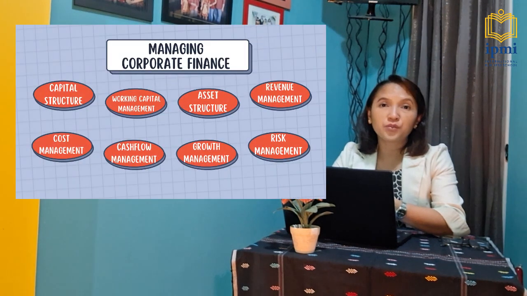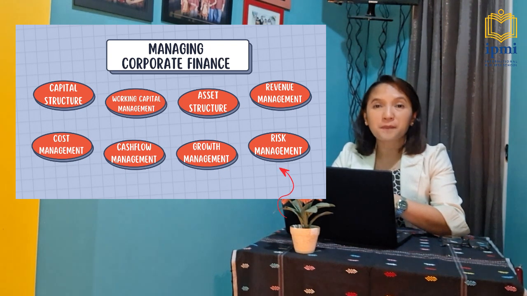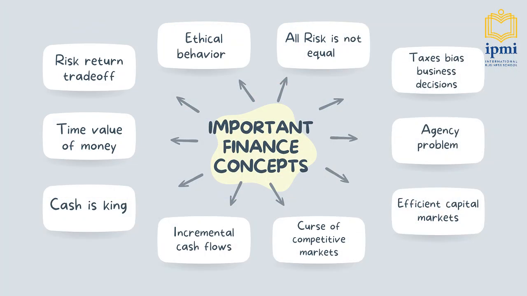Now, let's talk about what we need to manage in corporate finance. Capital structure, working capital management, asset structure, revenue management, cost management, cash flow management, growth management, and risk management. Understanding these concepts is crucial.